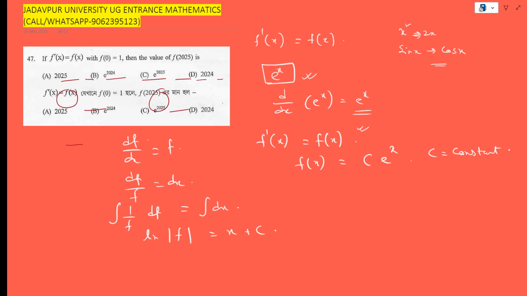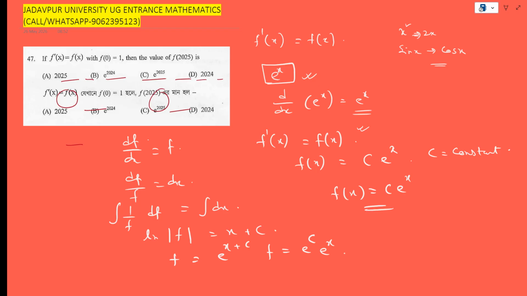Now f is e to the power x plus c. Using the exponent rule, f equals e to the power c into e to the power x. Now e to the power c is just another constant. So f(x) is basically c into e to the power x.